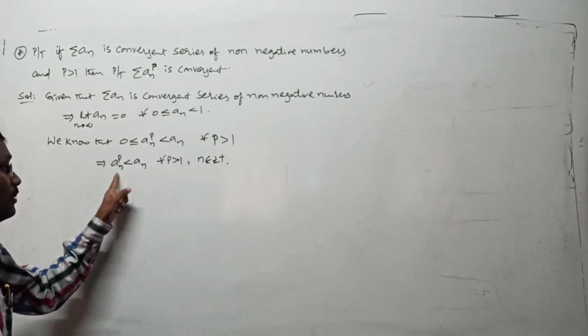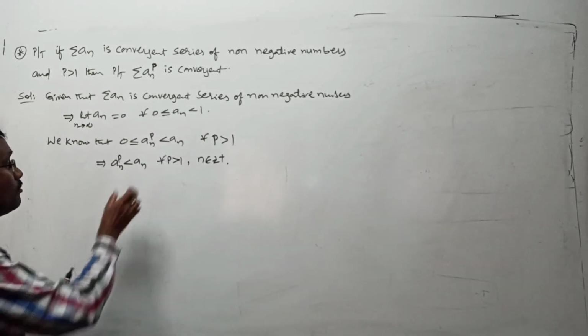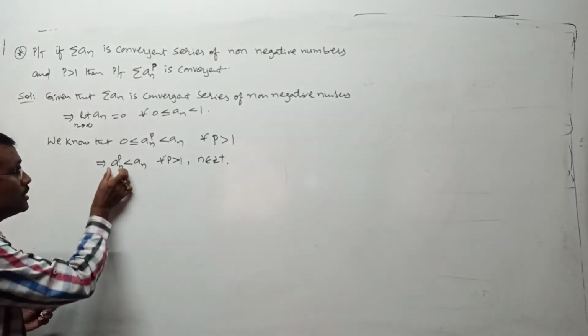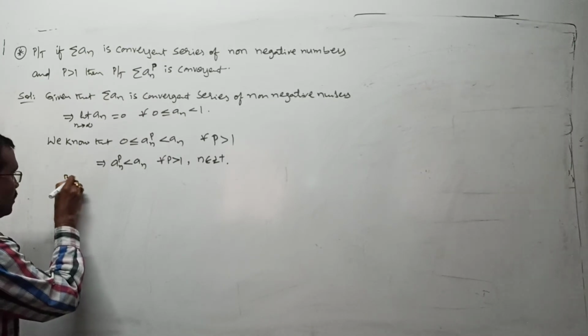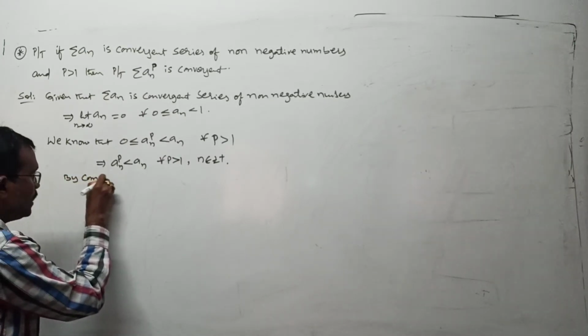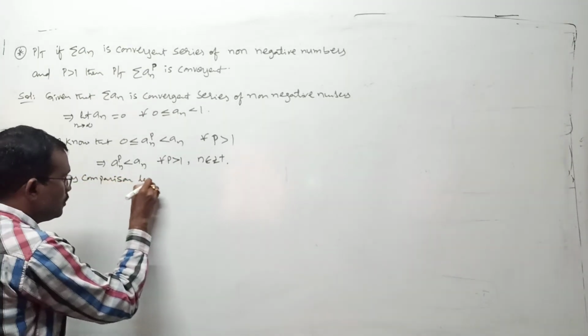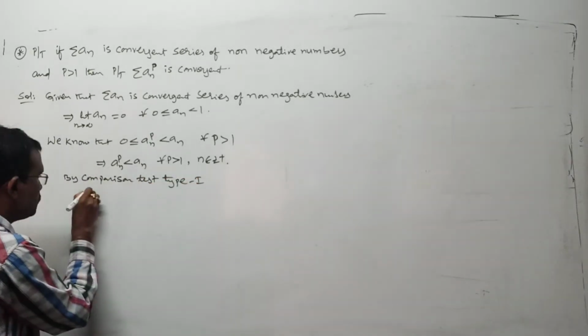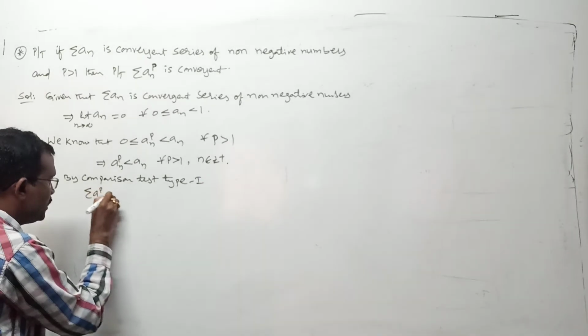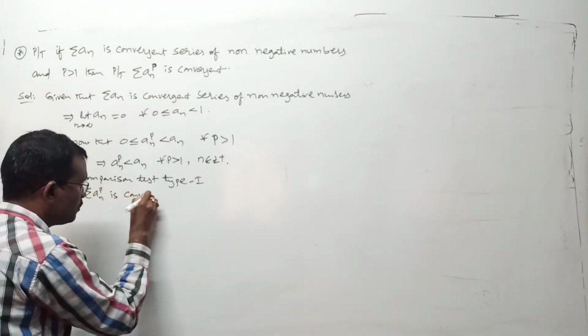Otherwise just go for comparison test type 1. Whenever sigma an is convergent, is sigma an power p also convergent? By comparison test type 1, sigma an power p is convergent.